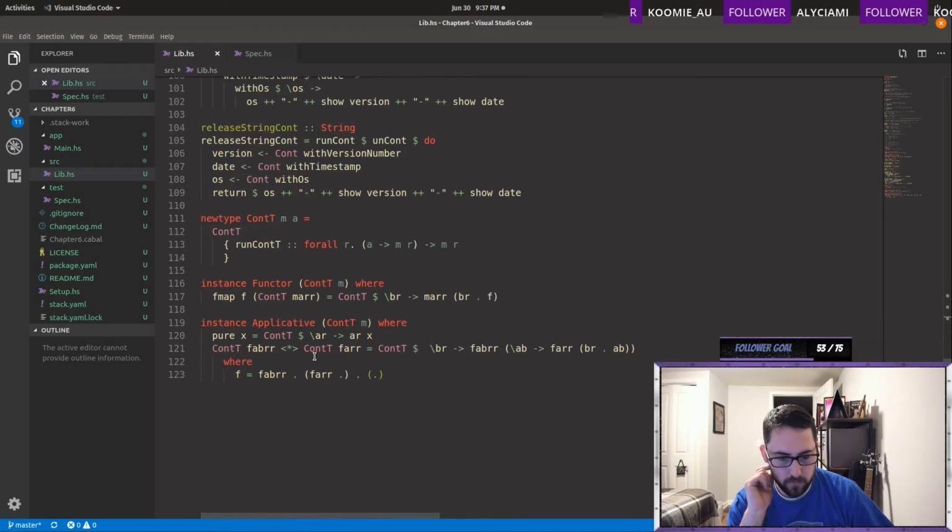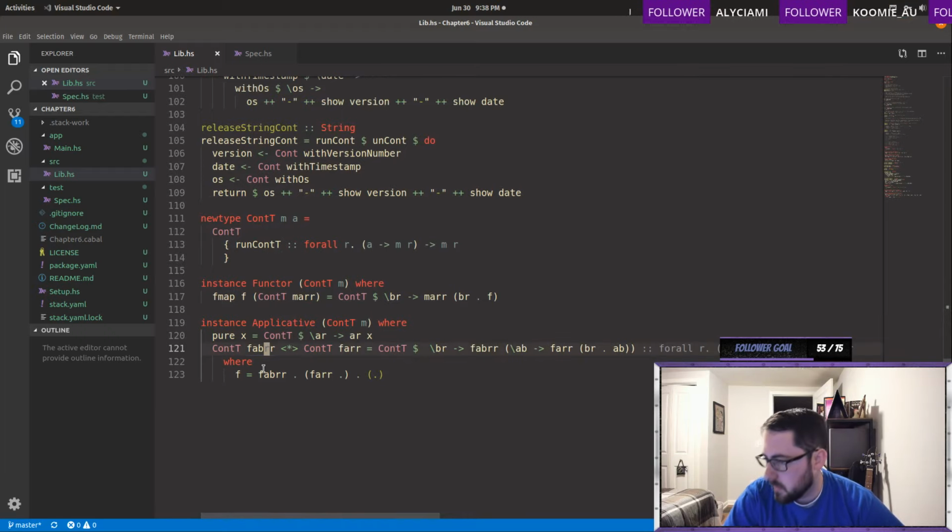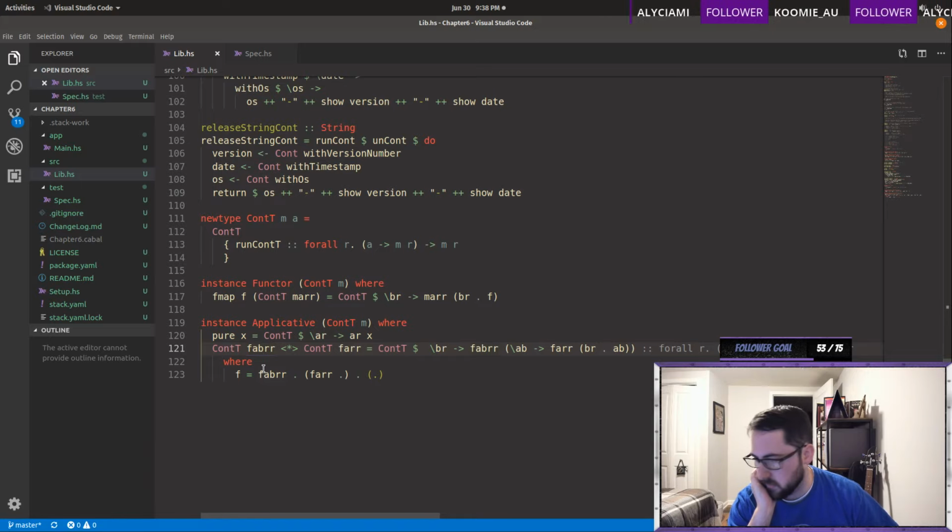Okay, let me put my cursor here. It's natural for me to either use fmap or <$> to produce the result I want. So I start with that and see what I get.